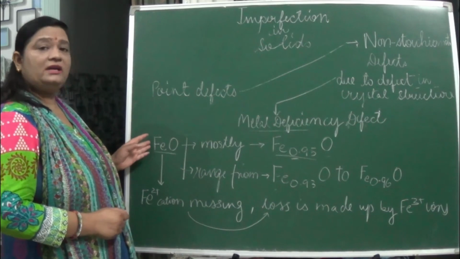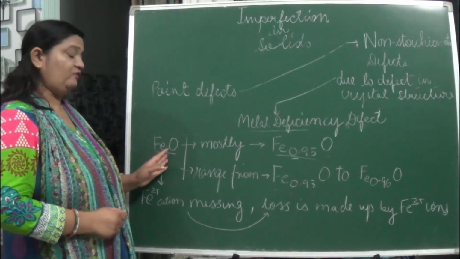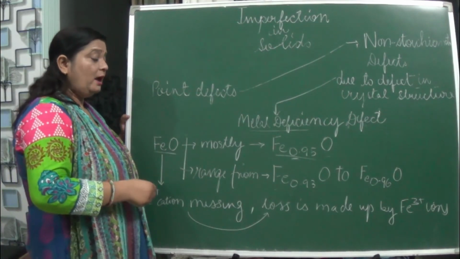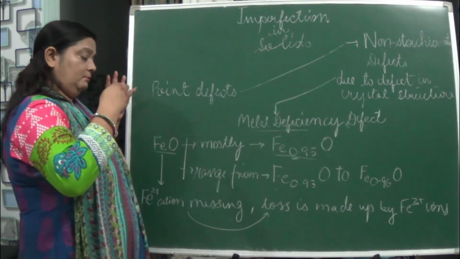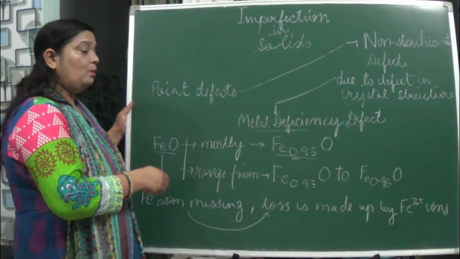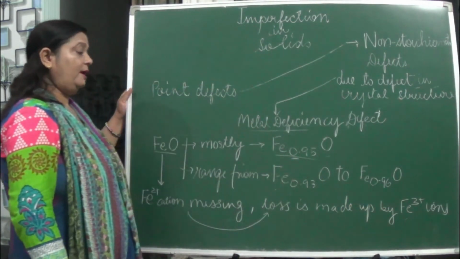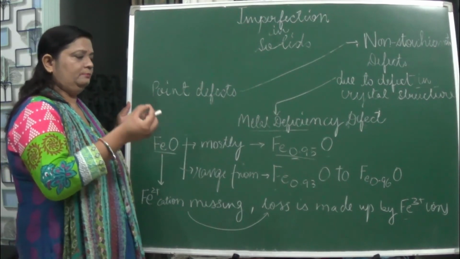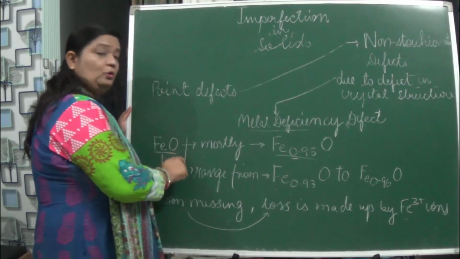Naturally Fe2+ is there because you can see the formula is FeO. So the missing Fe2+ is now fulfilled by Fe3+ ions. This is also found in a very minute quantity, and as the result the formula remains FeO only.